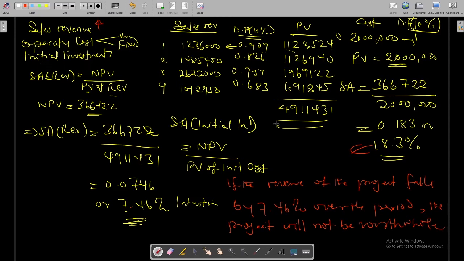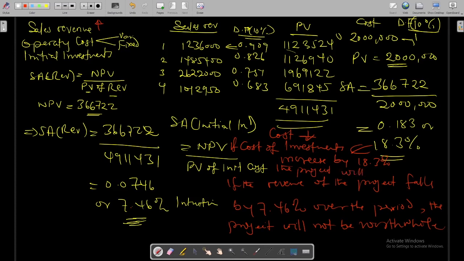every company wants its costs to reduce. No company wants its cost to increase. It wants its cost to reduce. So what this means is that if the cost of investment increases by 18.3%, the project will not be worthwhile.